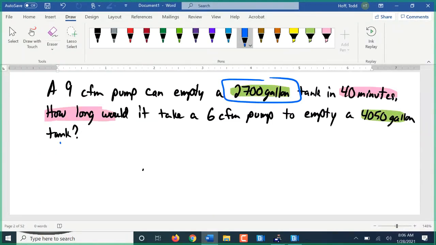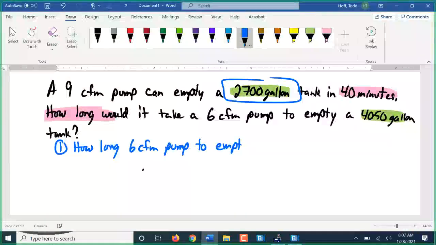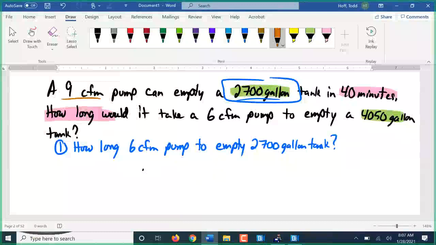So our first step is going to be how long for the 6 CFM pump to empty the same tank, 2,700 gallon tank. So that's going to be 9 CFM, 2,700 gallon.